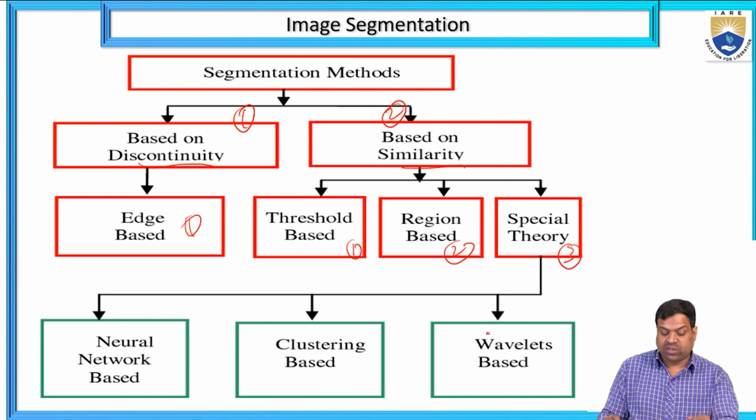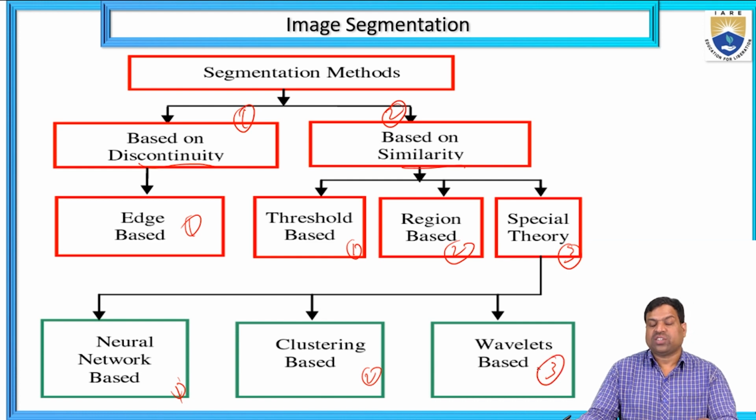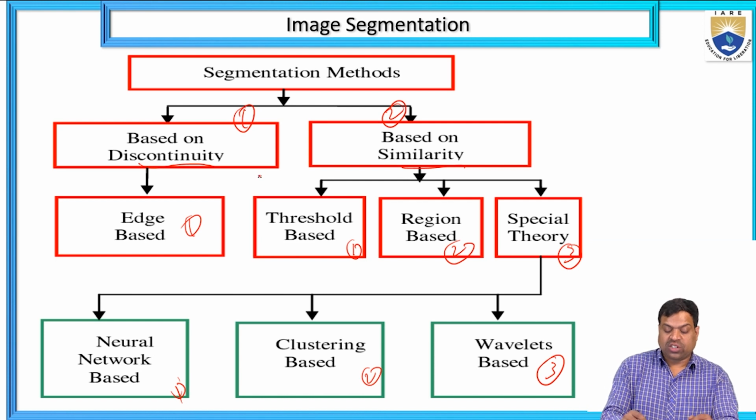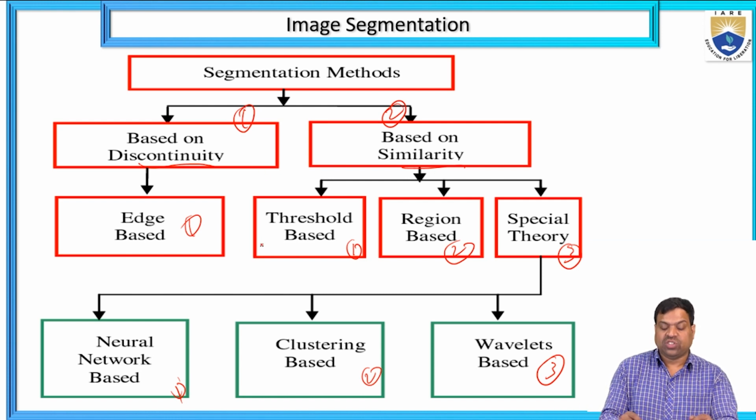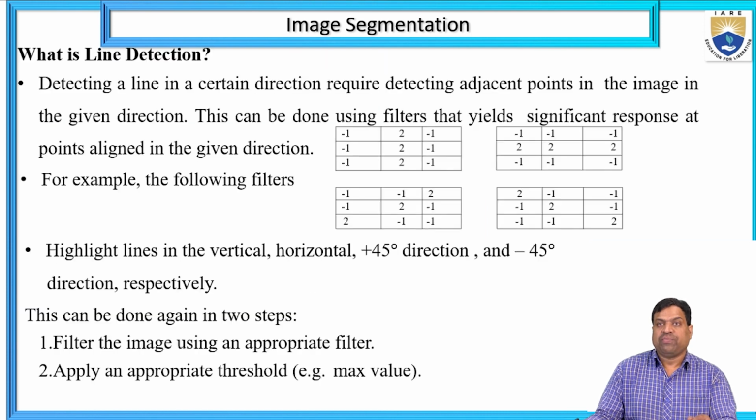In the spatial theory, there are neural network-based, cluster-based, and wavelet-based, but majorly we are discussing edge-based, threshold-based, region-based, and spatial theory.